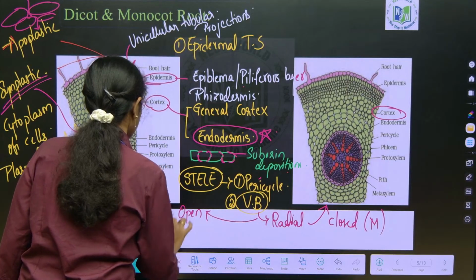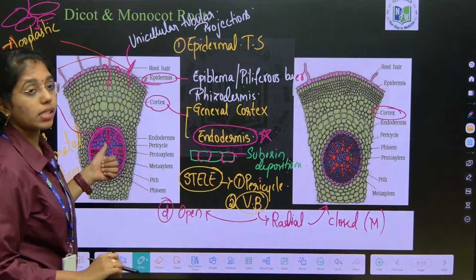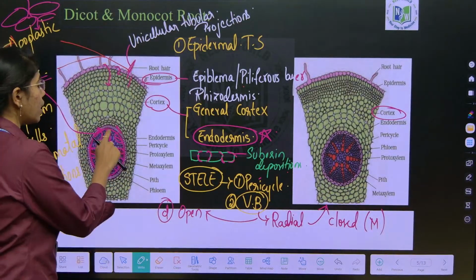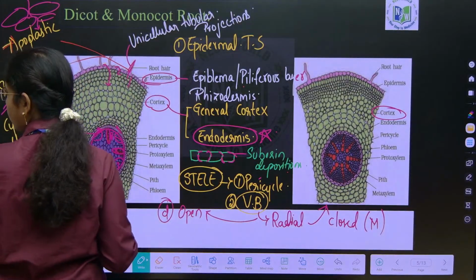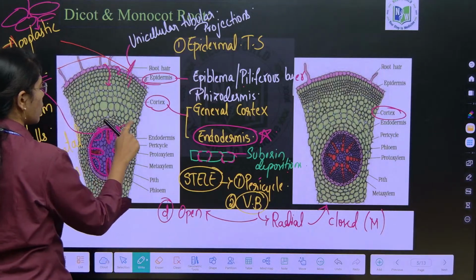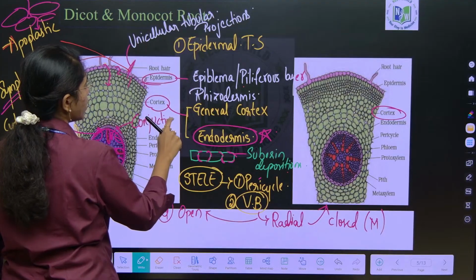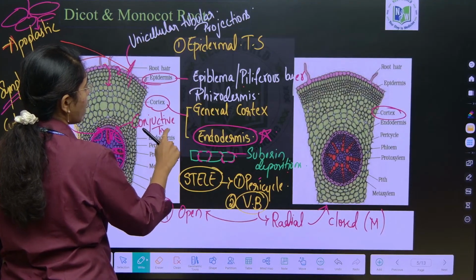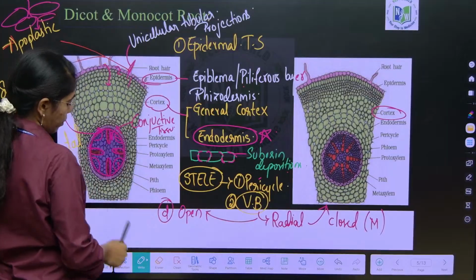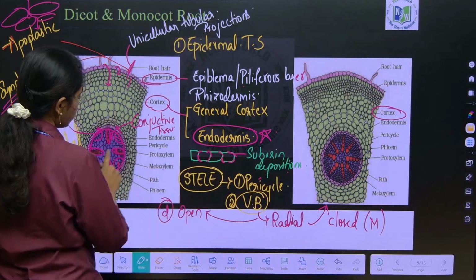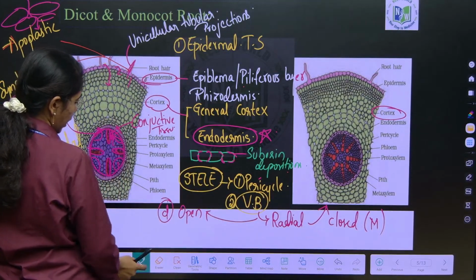Open in dicots. That is, the tissue which is present in between xylem and phloem is called conjunctive tissue. This conjunctive tissue will become meristematic and it forms a wavy cambial ring.